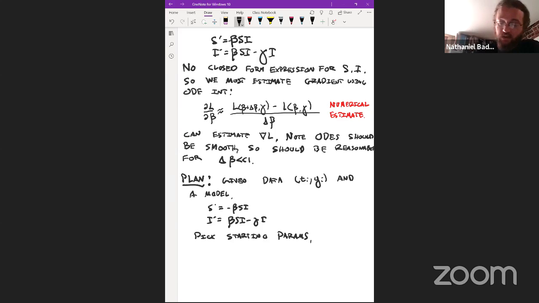Those are parameters. So pick starting parameters, beta nought, gamma nought, I nought, S nought.